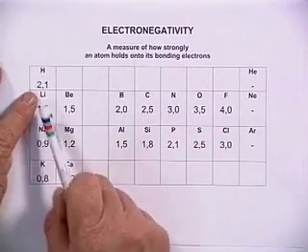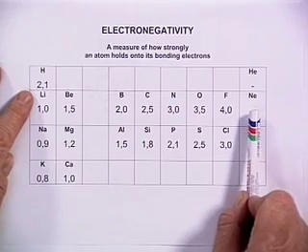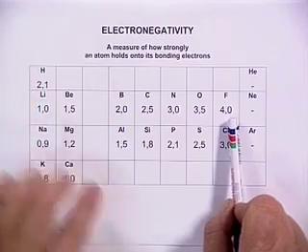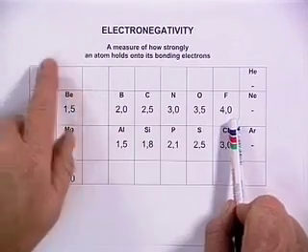And these numbers give us an idea about how strongly 2 atoms will hold onto their electrons. So really what we've got to look at is the difference between these two.